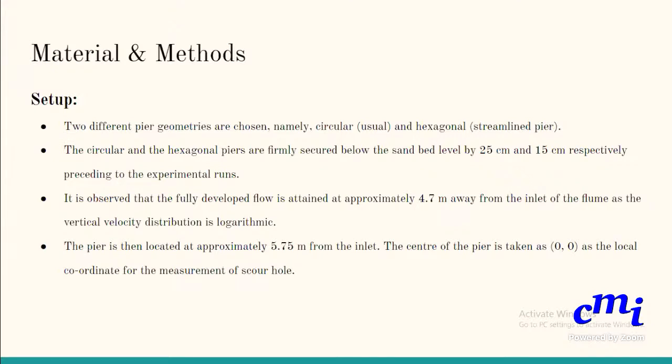The circular and hexagonal piers are secured below the sand bed level by 25 centimeter and 15 centimeter respectively, and they have observed that the fully developed flow is attained at approximately 4.7 meter away from the inlet of the flume, as the vertical velocity distribution is logarithmic, and the piers are then located at approximately 5.75 meter from the inlet.